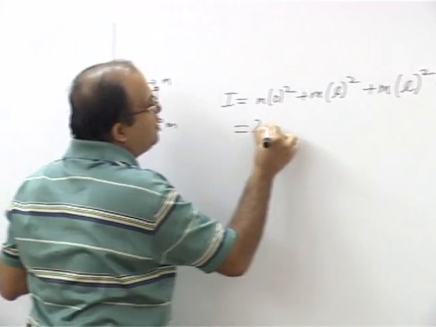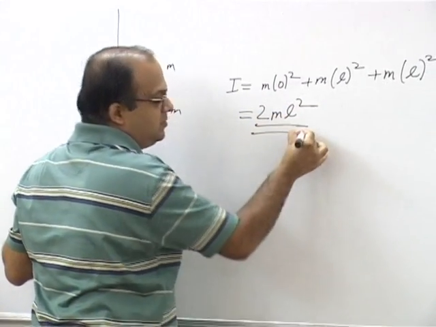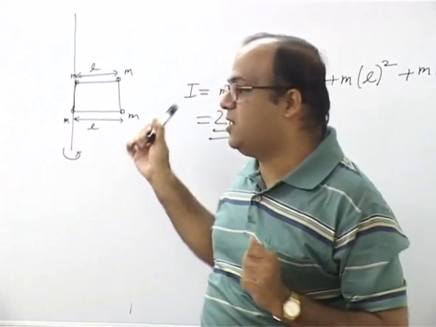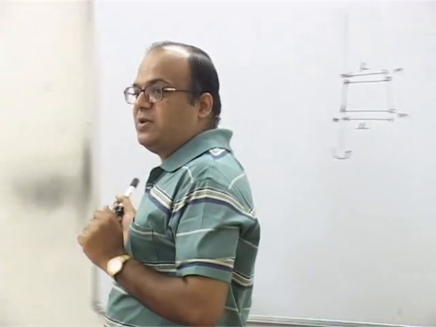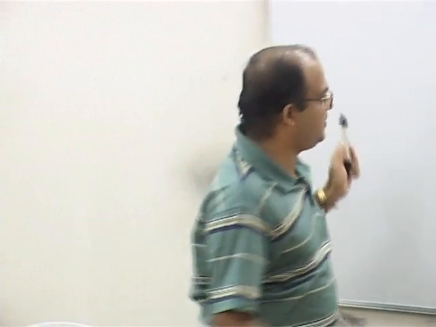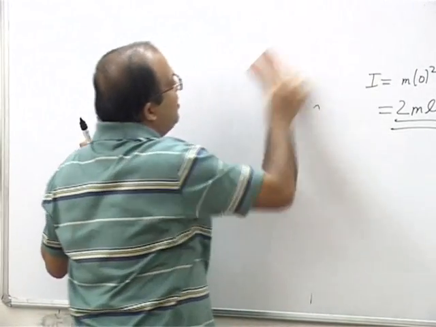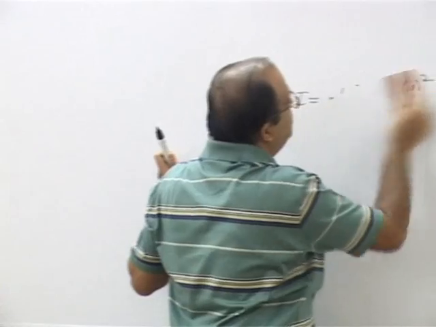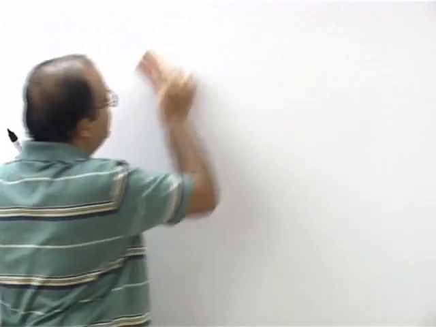So we finally get the moment of inertia here as 2ml square. So about this axis, the moment of inertia is 2ml square. So always remember, moment of inertia of a body will change from axis to axis.